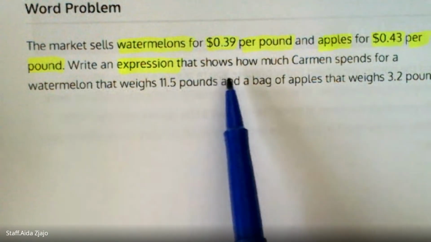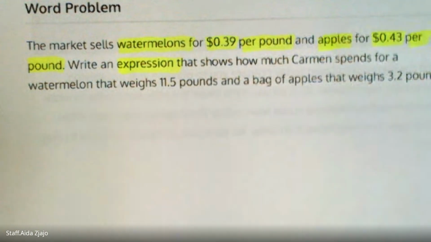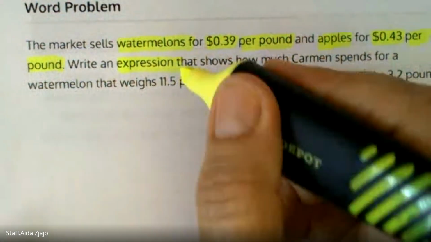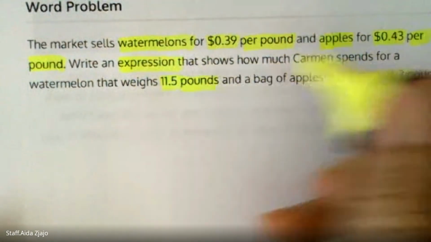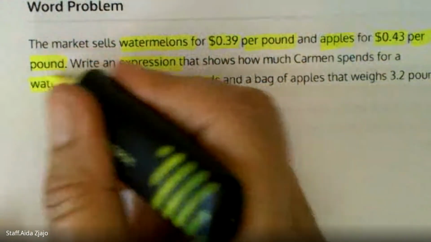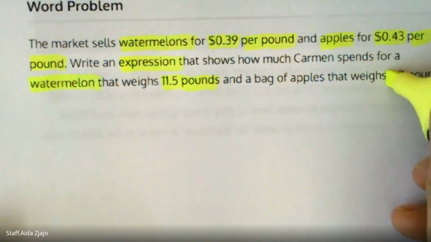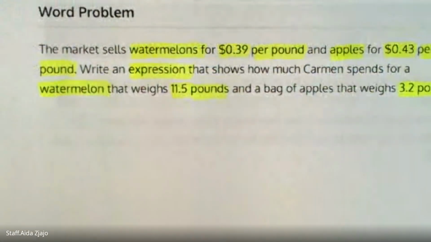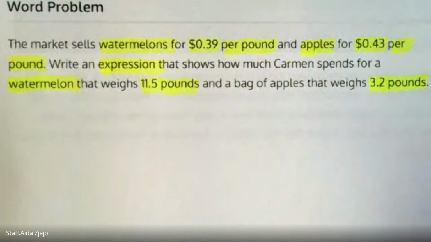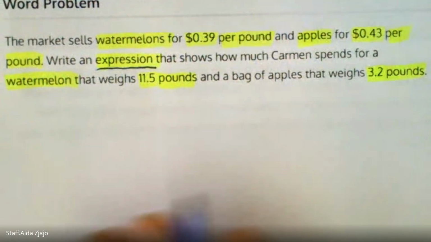Write an expression that shows how much Carmen spends for a watermelon that weighs 11.5, 11 and a half pounds, and a bag of apples that weighs 3.2 pounds, or 3 and 2/10 of a pound. Okay, so the thing is to create an expression.